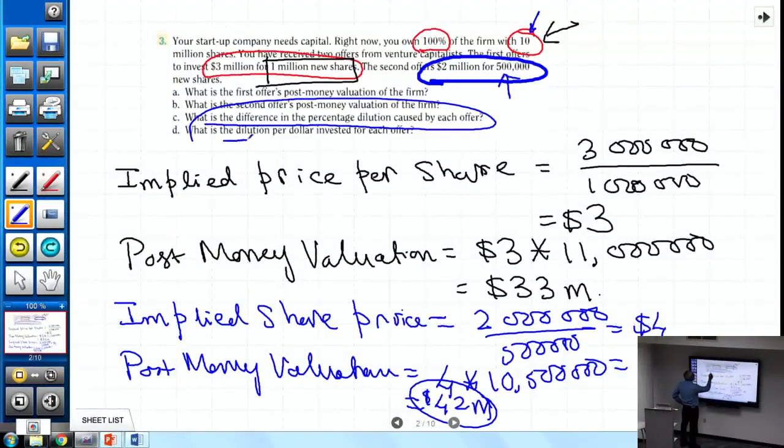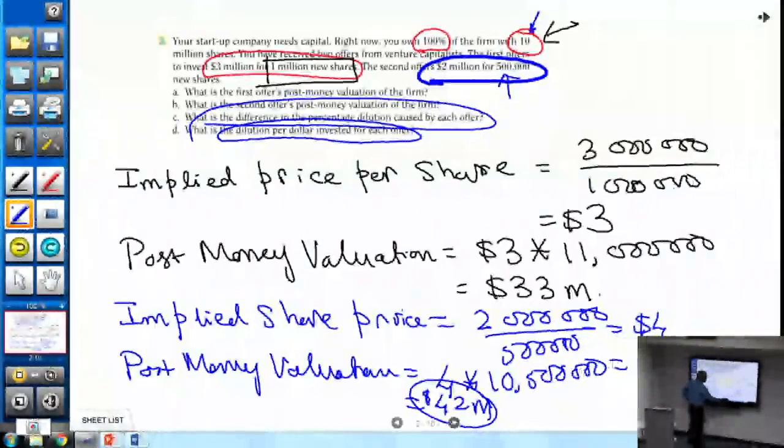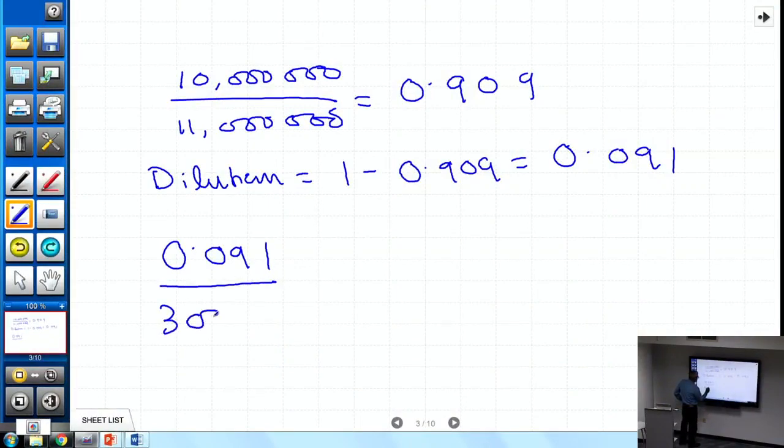Question D, what is the dilution per dollar invested for each offer? So dilution per dollar. For the first one, we can calculate that as 0.091 divided by the 3 million.